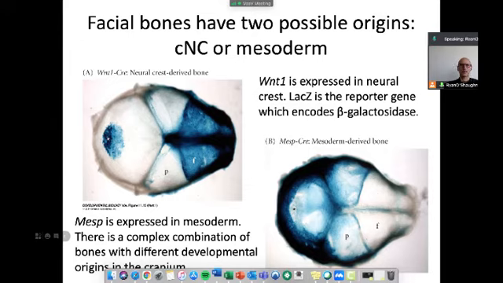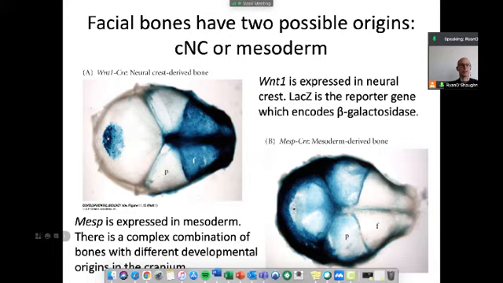So, as we had mentioned before, facial bones don't all come from the neural crest cells. Some of it is also mesodermally derived, and that's not surprising because bone is a mesodermal tissue. We can see in the developing mouse skull where the contribution to each of these tissues arises, and we can do this using specific Cre recombinase expressing marker mice under the control of particular promoters.